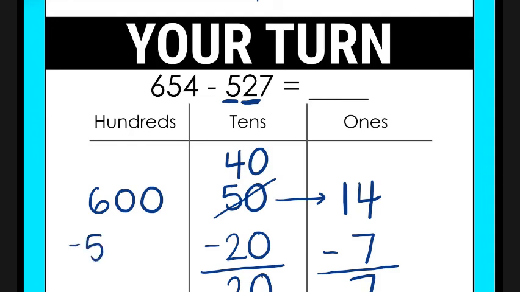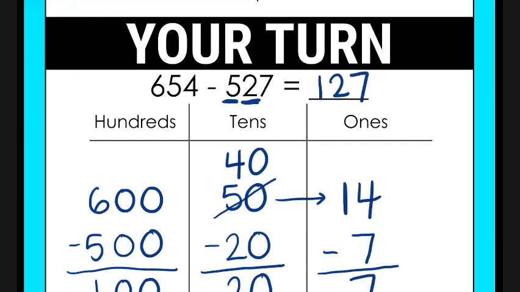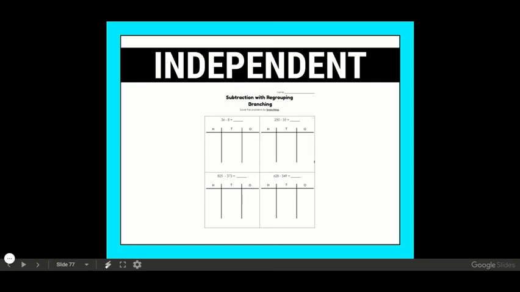Let's take away 5 hundreds. So we have 600 minus 500. That equals 100. So 654 minus 527 equals 127.